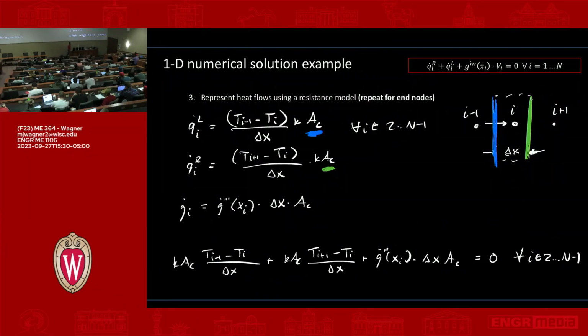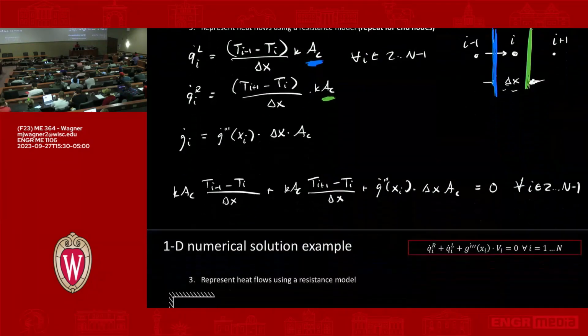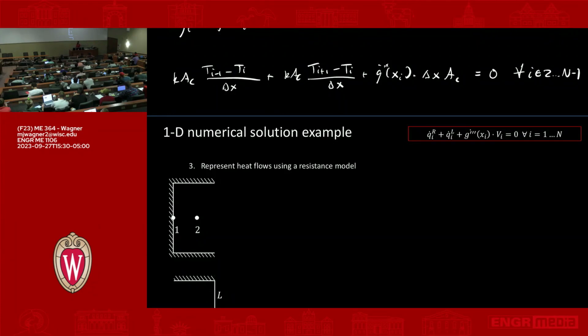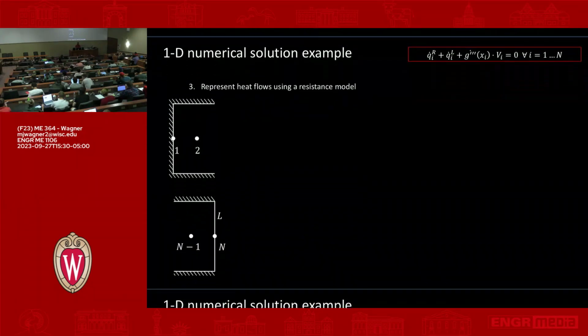Okay. So let's do the n nodes, and you'll see how this wraps up. So we need 2 more equations, right? We have n minus 2, we need 2 more. Our 2 equations are coming from these boundary nodes, node 1 and node n. So starting with node 1, let's again draw our control volume.